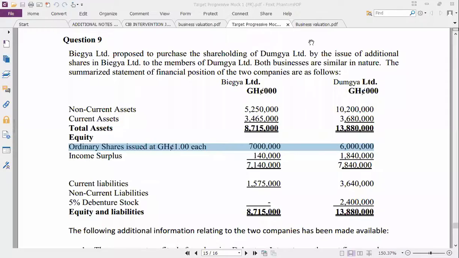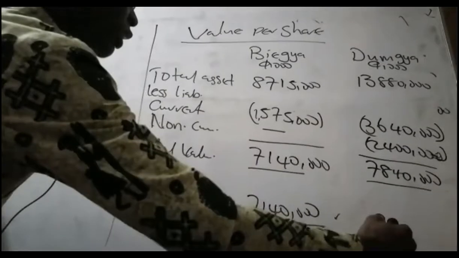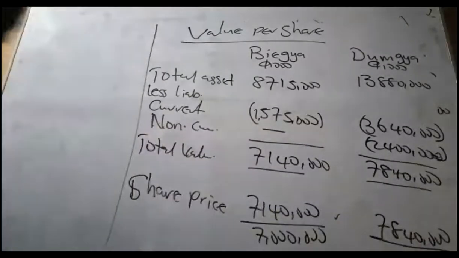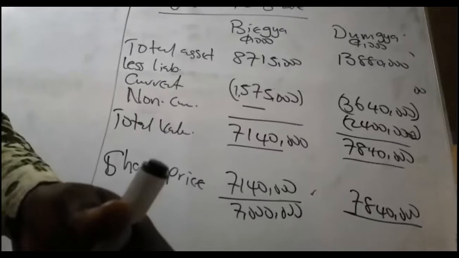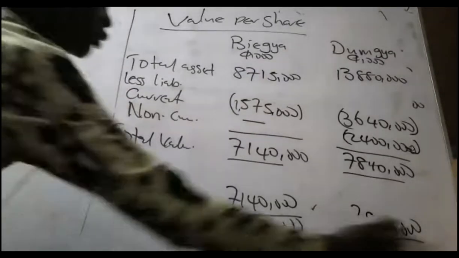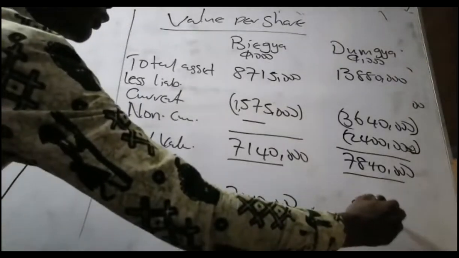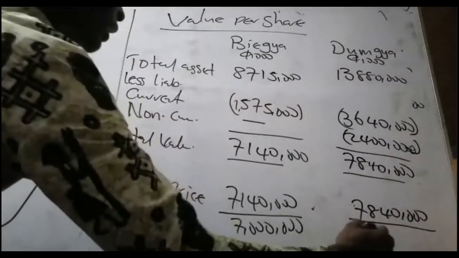Then that of Dumja is 6 million. So you pick the value 7,840,123 and divide it by 6 million.